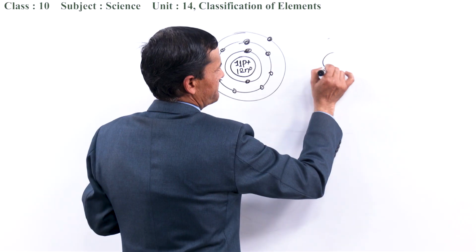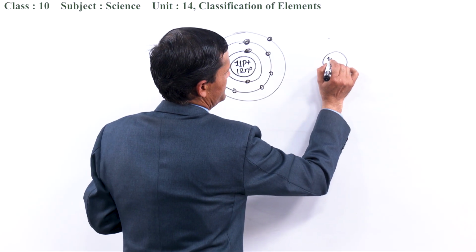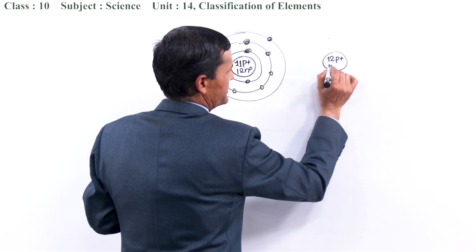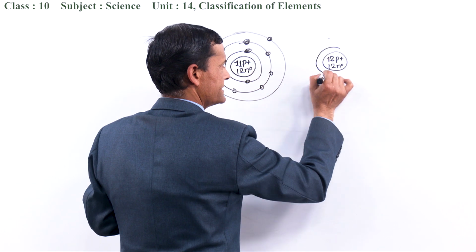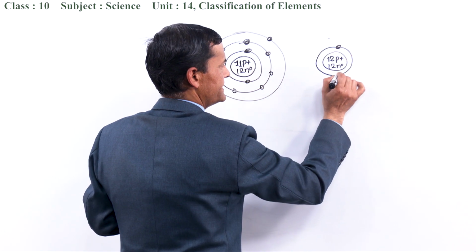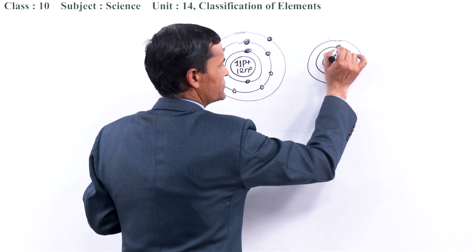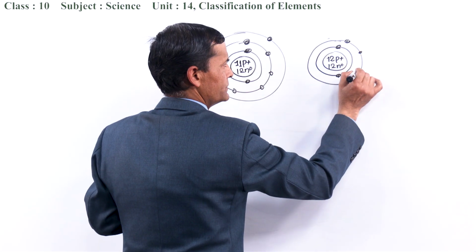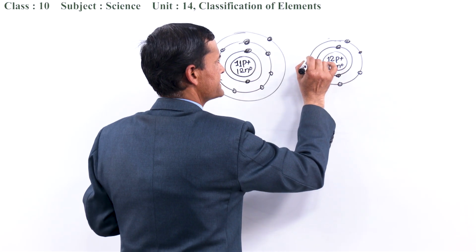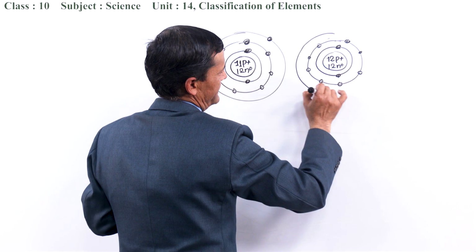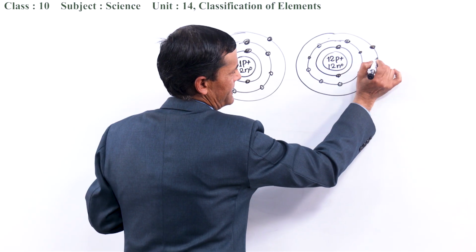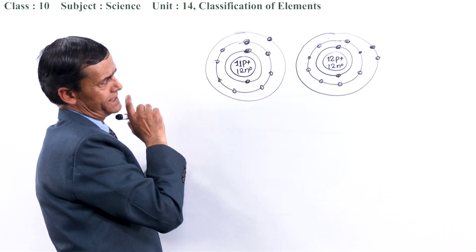Another element, atomic number 12, 12 protons and 12 neutrons. Which element is it? Try to identify the element. 2 electrons, then 1, 2, 3, 4, 5, 6, 7, 8. And the outer orbit contains how many electrons? 2 electrons. Look at it.